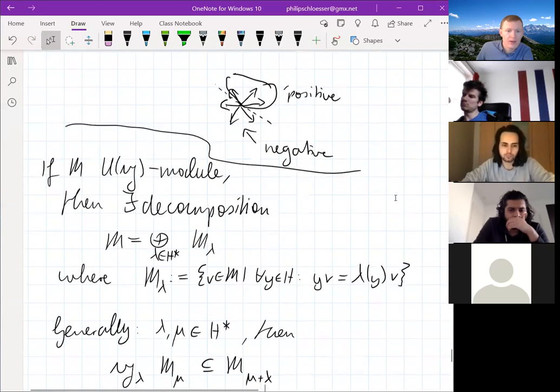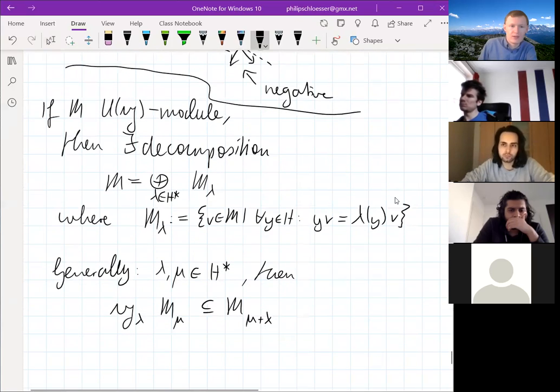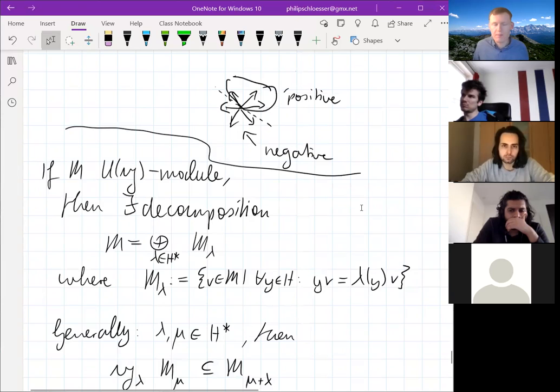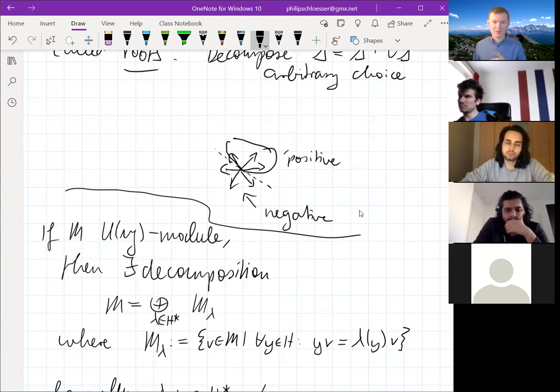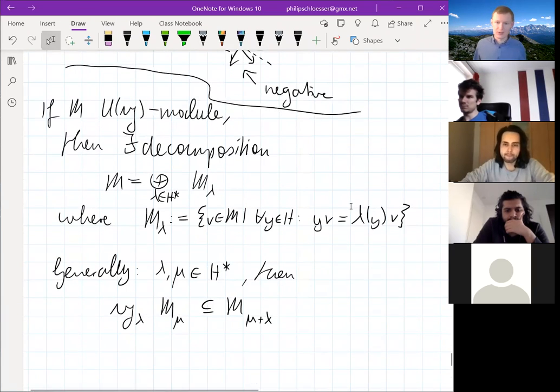Put differently, this weight space decomposition classifies our vectors with respect to the eigenvalues they have when you apply elements of our Cartan subalgebra. And what the elements of the positive and negative root spaces do is that they increase or decrease these eigenvalues, with respect to an arbitrary notion of increasing and decreasing. We designate one direction as increasing them.